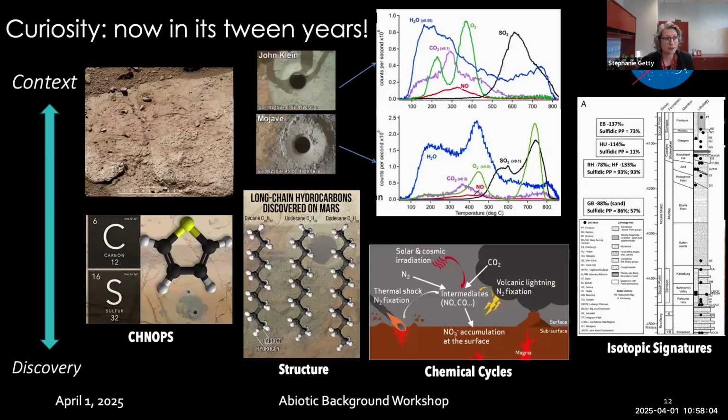There's really too much to talk about here, but again, hitting on how important that payload is to establish context for the geological and geochemical backdrop of the experiments that you're conducting on the surface of Mars, informing the discoveries that are not comprehensively listed here, but of course the discovery of sulfur-bearing, CHNOPS-bearing compounds on the surface, the recent discovery of long-chain hydrocarbons, the insight into the chemical cycles, which are so important to understand the seasonal and long-term cycles between chemical constituents and how that plays a role in the habitability of a planet.